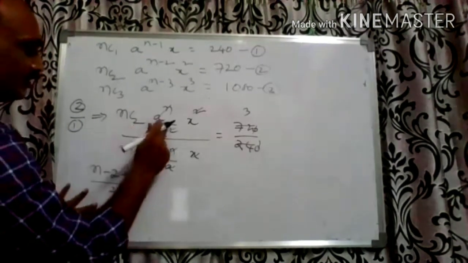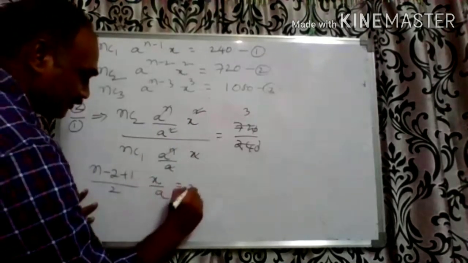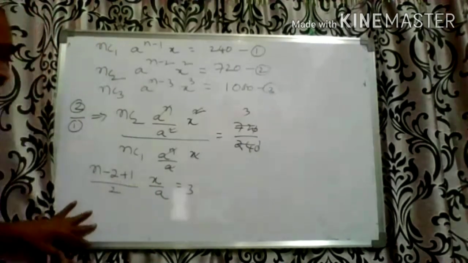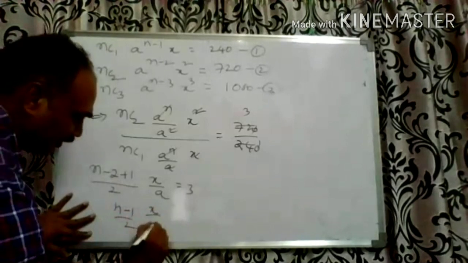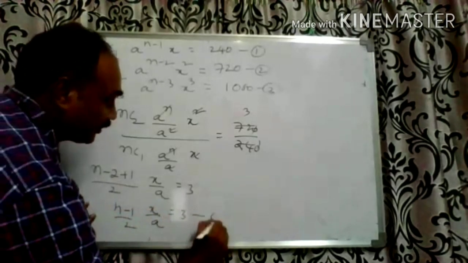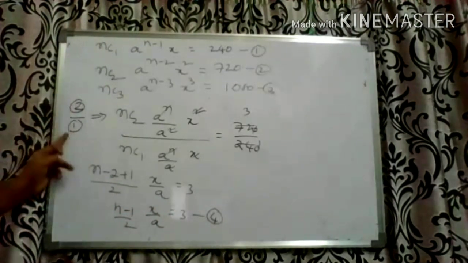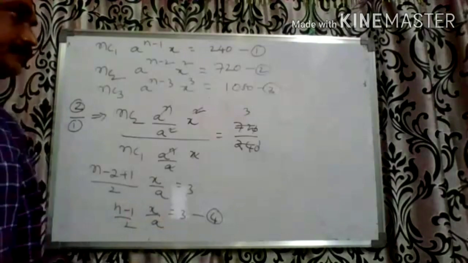Here r is 2, so (n - 2 + 1) is n - 1, by 2, into x by a is equal to 3. Equation number 4. So 2 by 1 gives (n - 1) by 2 into x by a is equal to 3.